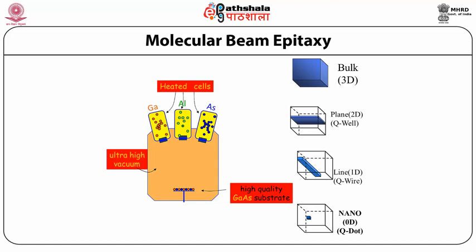Now we can place the effusion cells or the heated cells of each respective element, that is gallium, aluminum and arsenic, to form the gallium aluminum arsenide thin film in a fixed proportion. So we can make a bulk 3D, a plane 2D, that is a quantum well, a line, quantum wire 1D, and a nano dot, quantum dot 0D.